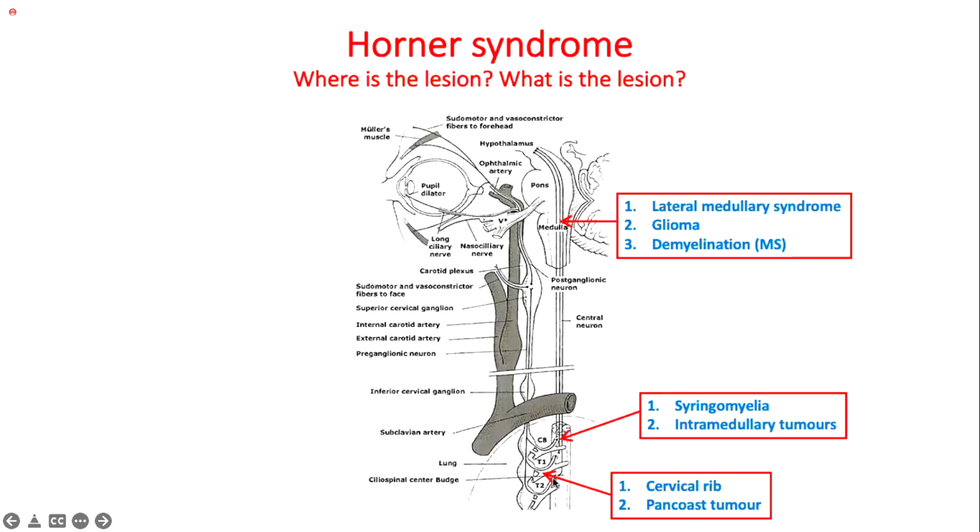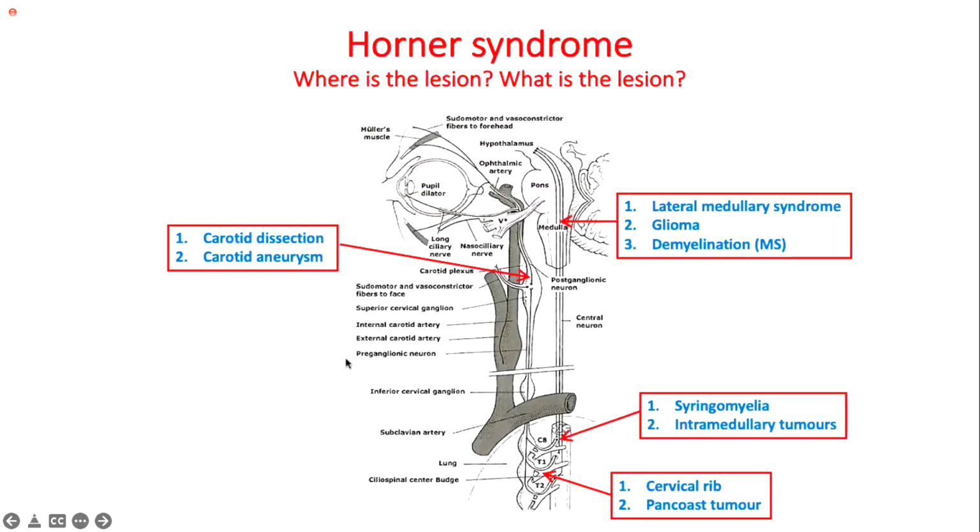What is a Pancoast tumor? It is an apical lung carcinoma that can infiltrate into the lower cords of the brachial plexus. The lesion could be in the carotid, when the fibers are going through the carotid artery, where you get a carotid dissection or a carotid aneurysm.